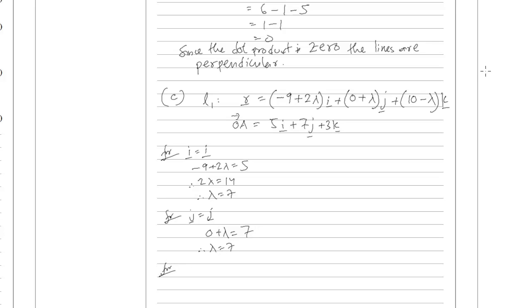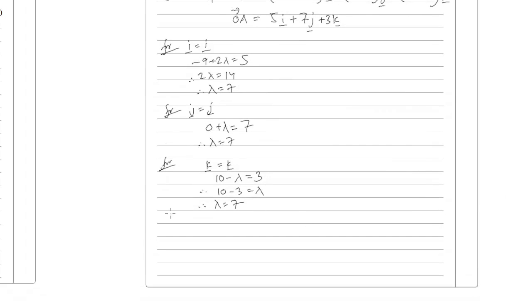So for k equals k, we get 10 minus lambda equals 3. Therefore 10 minus 3 equals lambda. That means lambda equals 7. So you write: since lambda equals lambda equals lambda, the point A lies on L1. That's it.